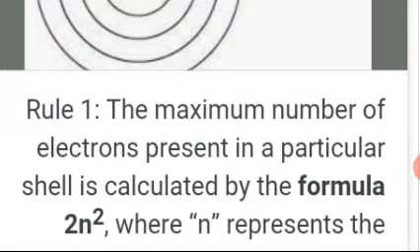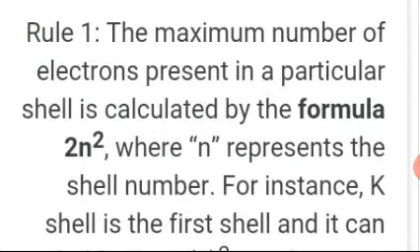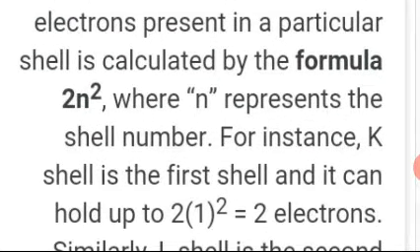The maximum number of electrons present in a particular shell is calculated by the formula 2n squared, where n represents the shell number. This 2n squared formula was given by Bohr.